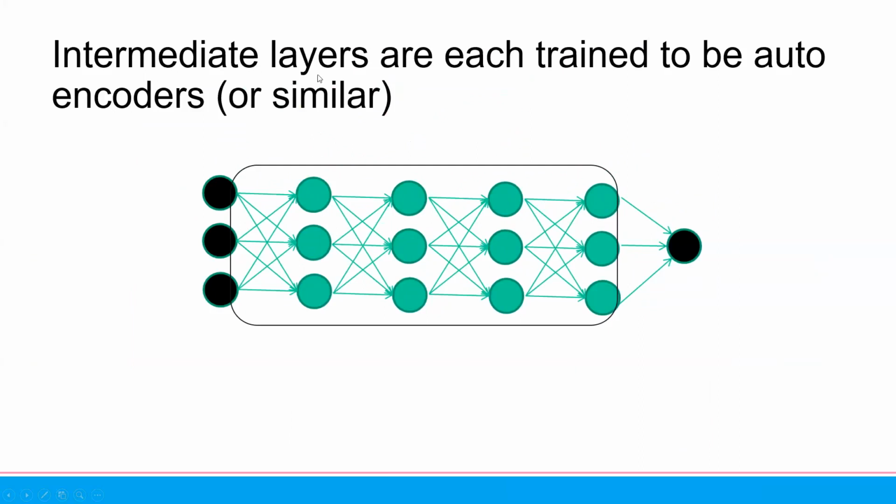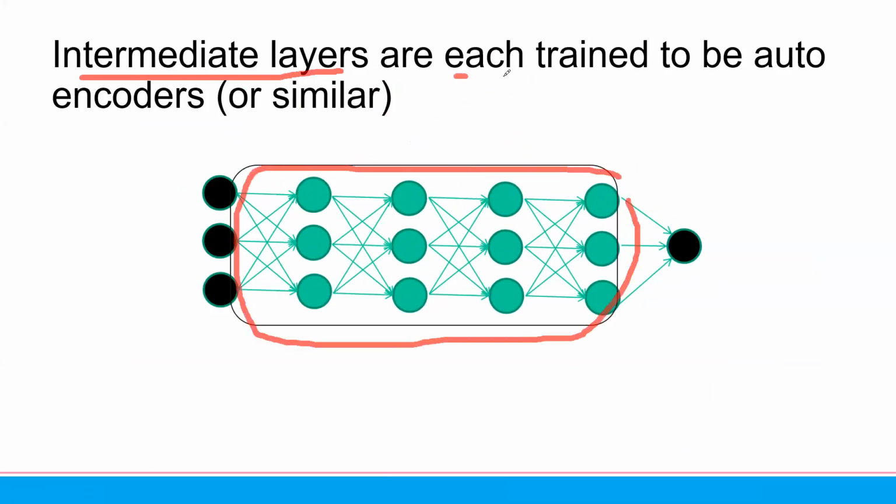The intermediate layers, we call them the intermediate layers, are each trained to be autoencoders or similar. So we got the autoencoders. It is to make the values automatically encoded into some values.